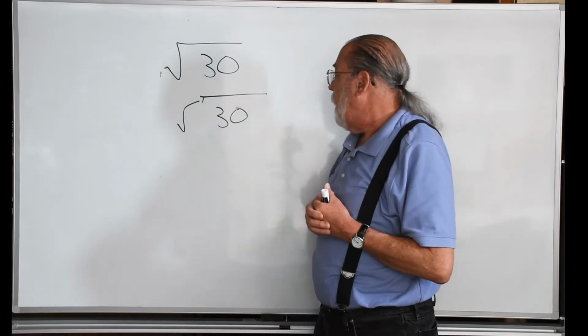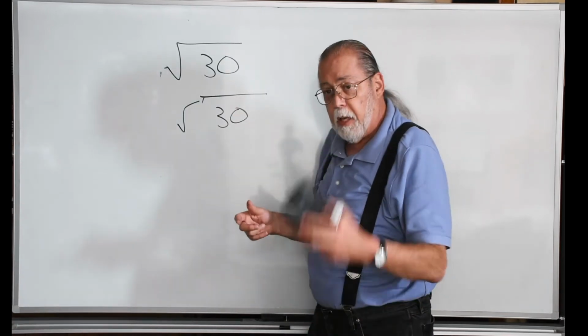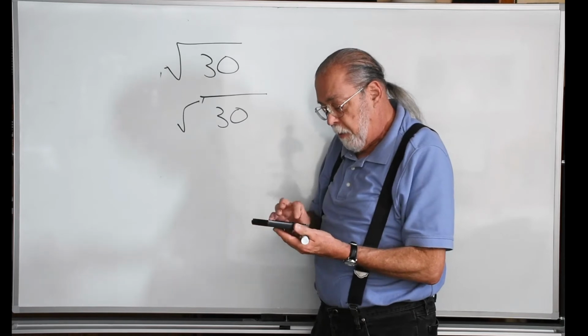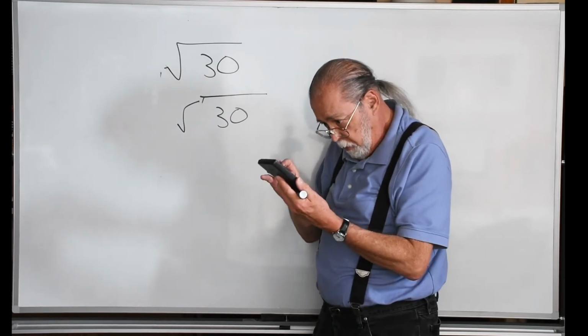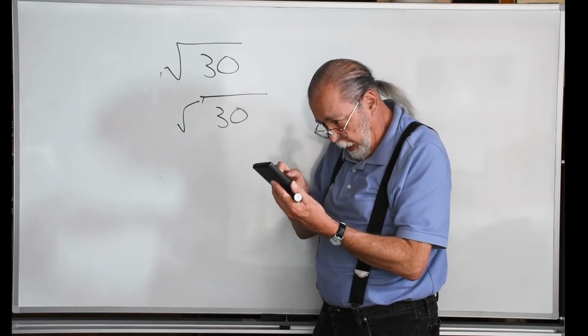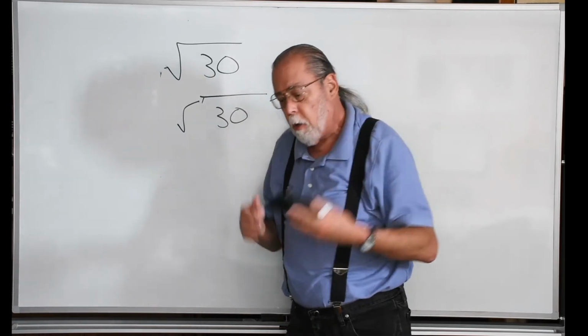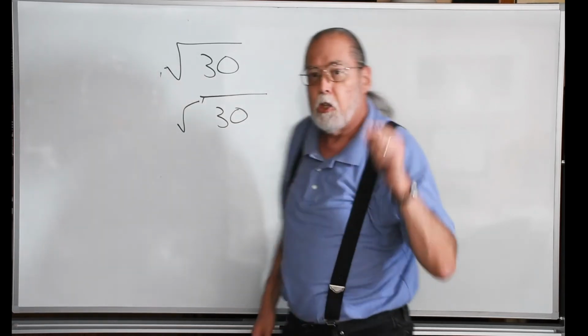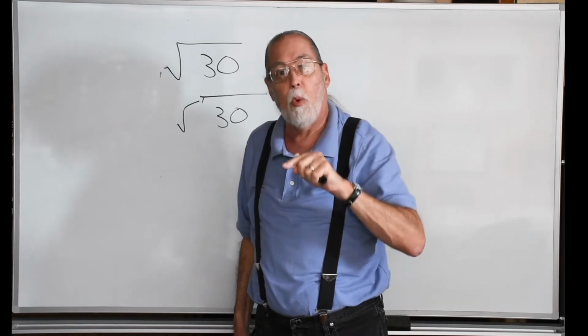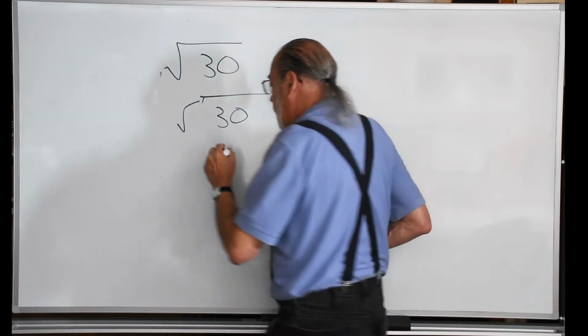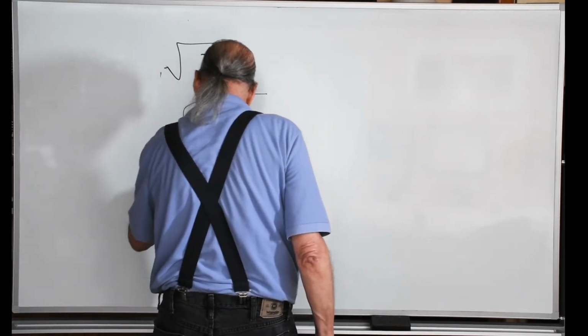For most of them, again, on a calculator like this, you simply enter in the number and then you hit the square root. Now on mine, I have to hunt for it. The square root sign is shift x squared.